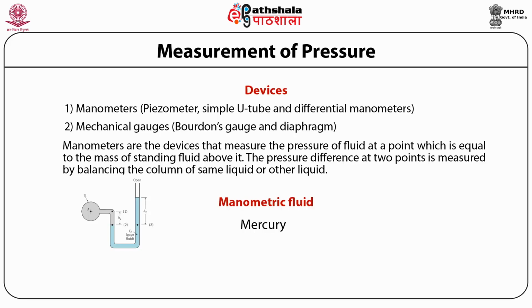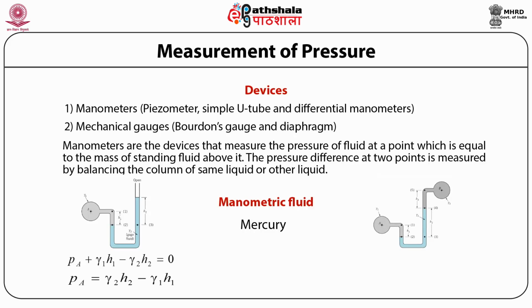So, PA plus gamma 1 H1 minus gamma 2 H2 should be equal to 0. Or on the other hand, I can say PA is equal to gamma 2 H2 minus gamma 1 H1.